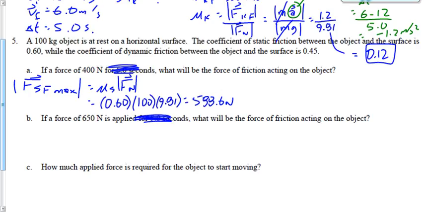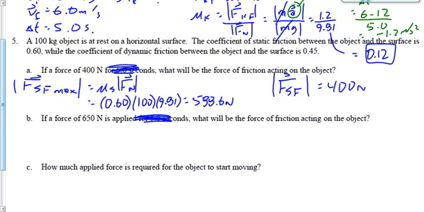I push with 400. Does it move? No, because I haven't exceeded the maximum possible value. All right, if it hasn't moved, then I've got static friction here. What's the value of static friction? It's equal to however hard I push, right? Which is 400 newtons. So I'm going to say FSF, force of static friction, is 400 newtons.